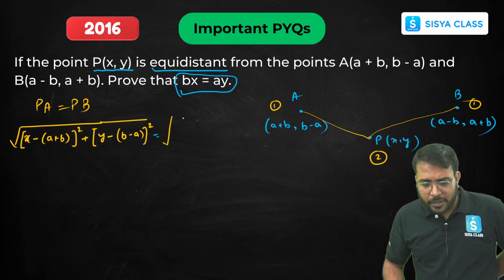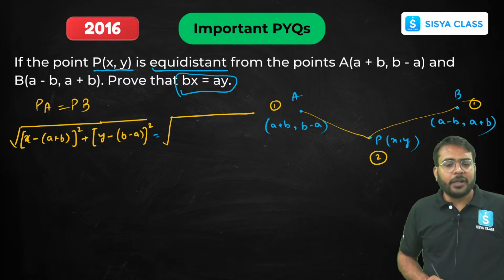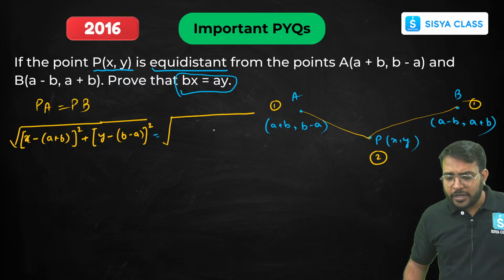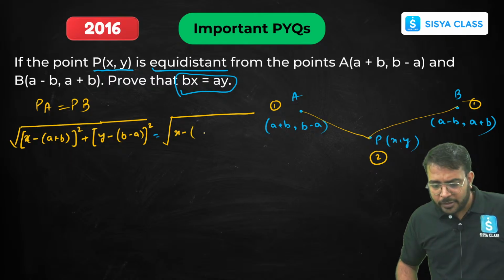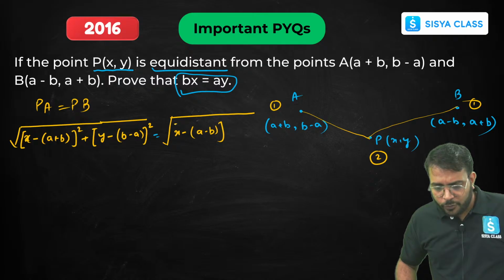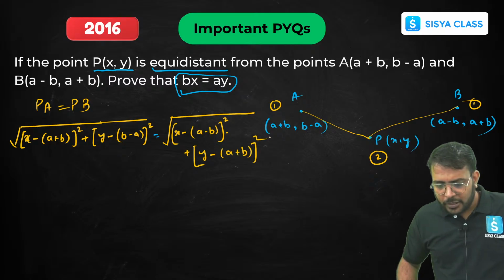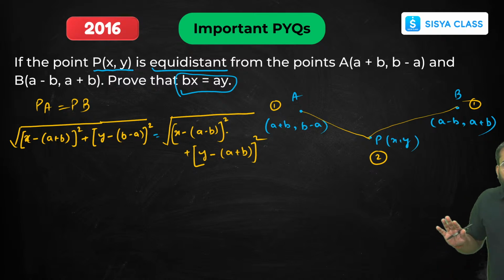Now next, again x2 minus x1, y2 minus y1: here I am going to have (x − (a − b)) whole square plus (y − (a + b)) whole square.